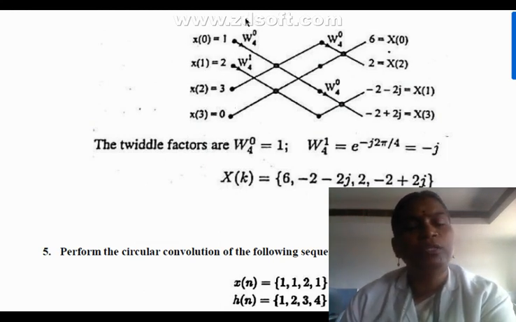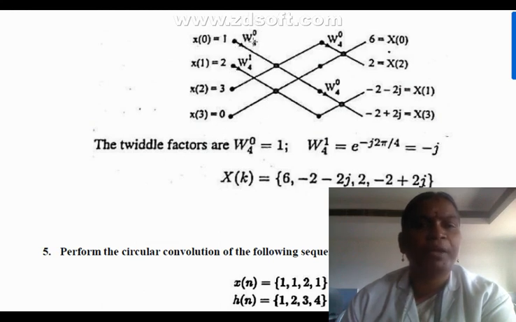After that, one more point, the twiddle factor, which is omega N power nk. Suppose we are using the 4-point DFT, we can use omega 4 power nk. The initial one is 0 0, and the next line is omega 4 power 1.